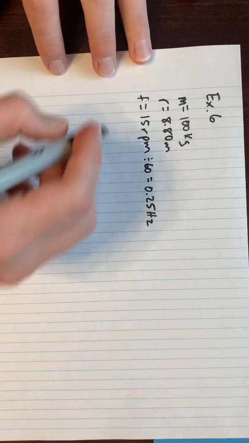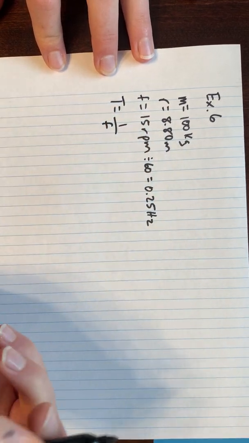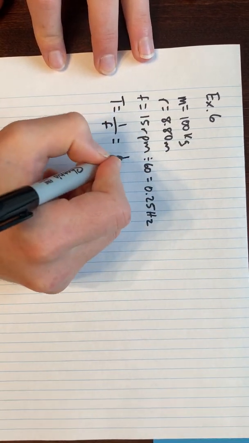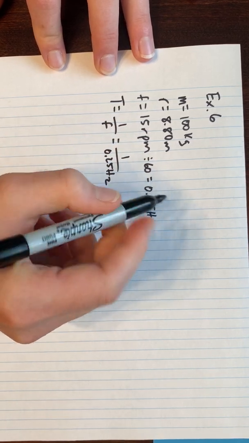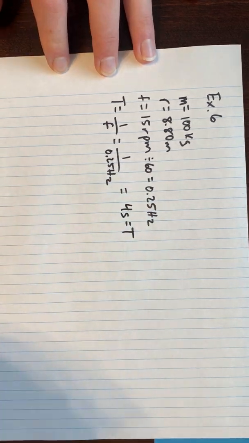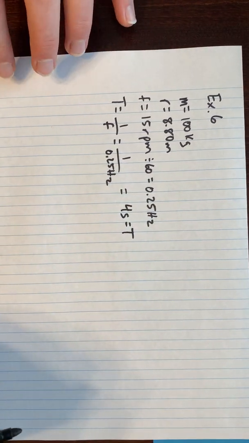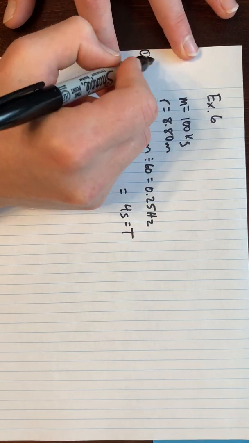And period, big T, is equal to 1 divided by the frequency. So 1 divided by 0.25 hertz is equal to 4 seconds, which is our period. So that's the first thing that we need to do, is find the period.